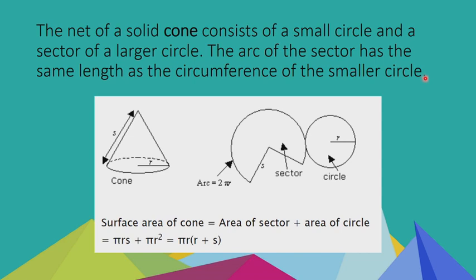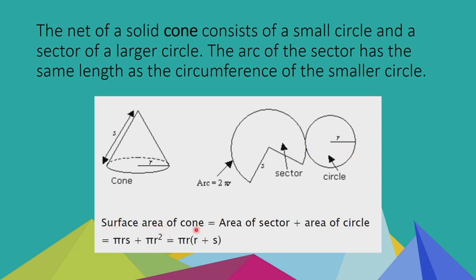If you consider this cone and cut it like this and spread it, the arc is 2 pi r, and this is the sector, and this is what we call the slant height s. If you join this in a particular manner, you can form a circle of radius r.